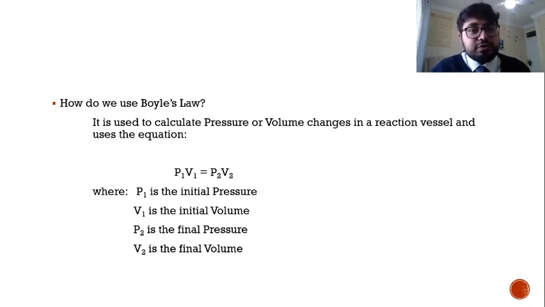Now I didn't put any units here because there isn't a standard unit that can be used. If V1 is given as cm cubed, then the answer V2 will come out as cm cubed, and if pressure P1 is given as kilopascals or atmospheres, then P2 will come out as kilopascals or atmospheres, and we'll see that now.